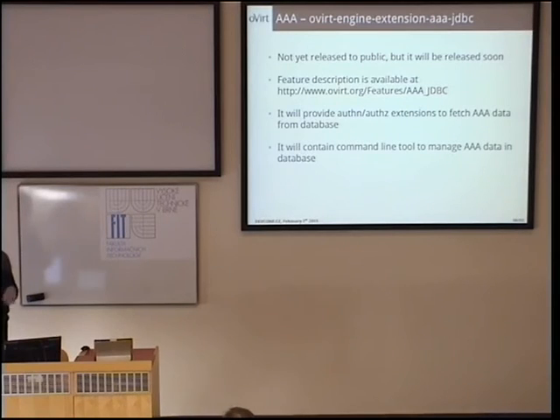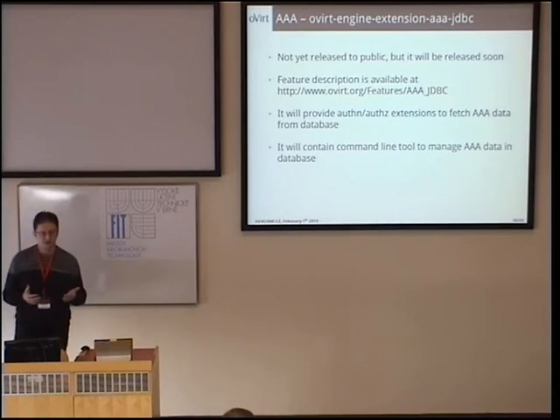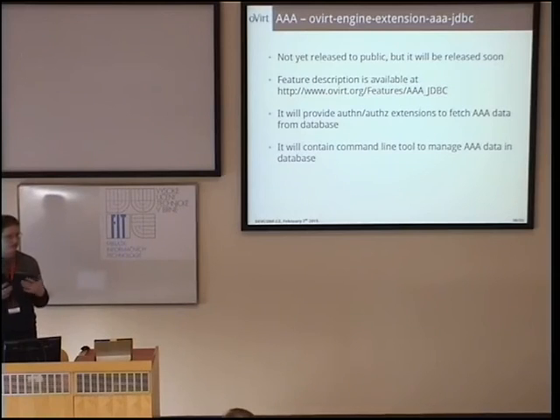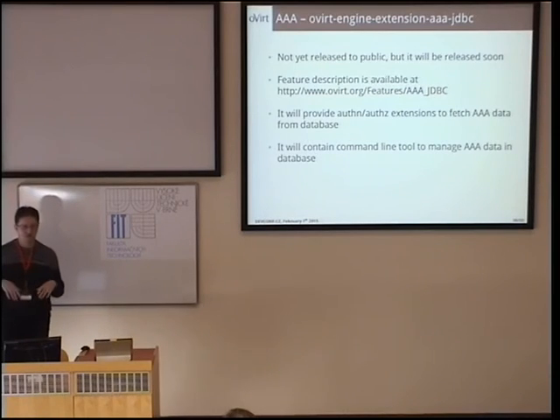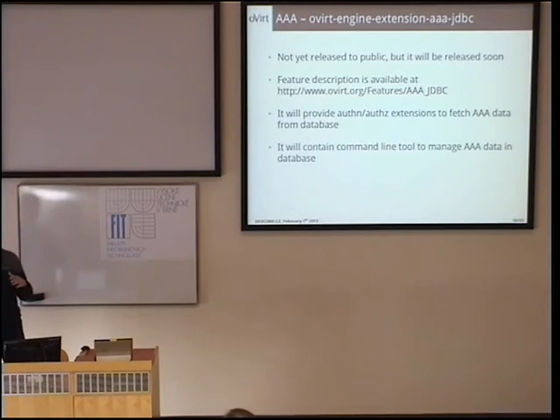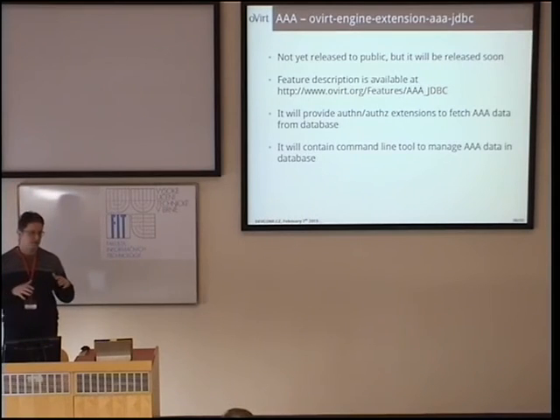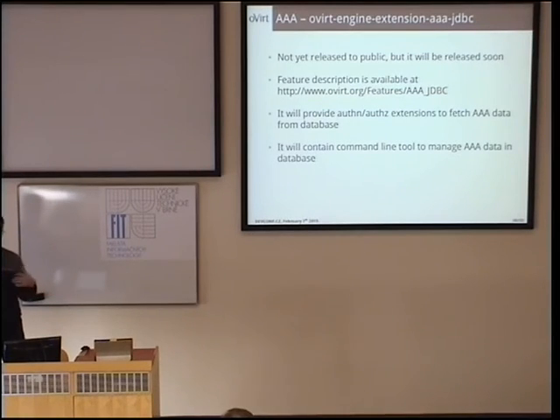And the last extension that we will cover is AAA JDBC. As I said, it allows you to fetch your users and groups from any JDBC database. If you already have an existing one, we just connect to it and get the information. If you don't have one, we will just create the necessary tables in our database and use it.